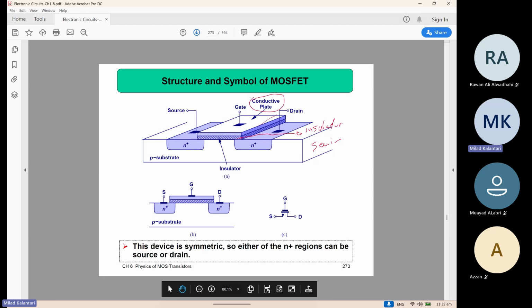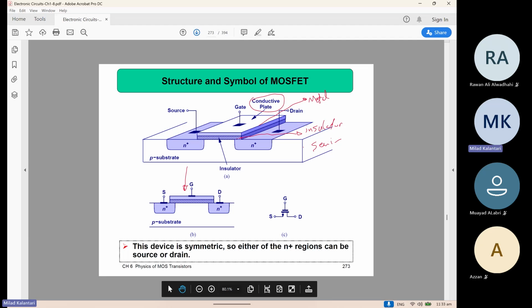This is the metal. And in 3D view, you can see that there is a capacitor formed from this semiconductor region to this gate, right? And if you just look at it from the side, we usually draw it like this, right?